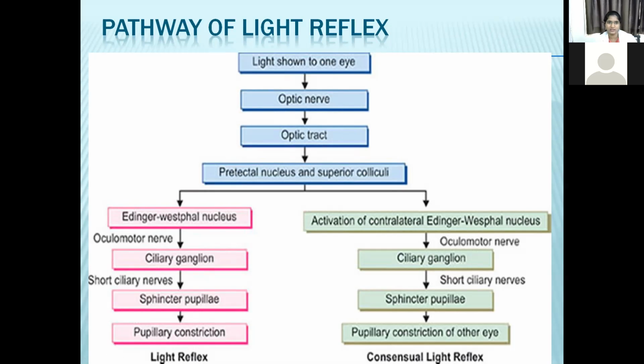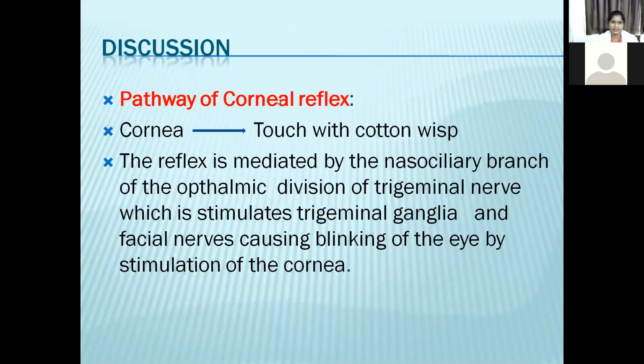Then another one is the corneal reflex. How does it happen? When we touch the cornea with cotton wool, the reflex is mediated by the nasociliary branch of the ophthalmic division of the trigeminal nerve. The trigeminal nerve stimulates the trigeminal ganglia and facial nerves. It causes blinking and closing of the eye on stimulation of the cornea.